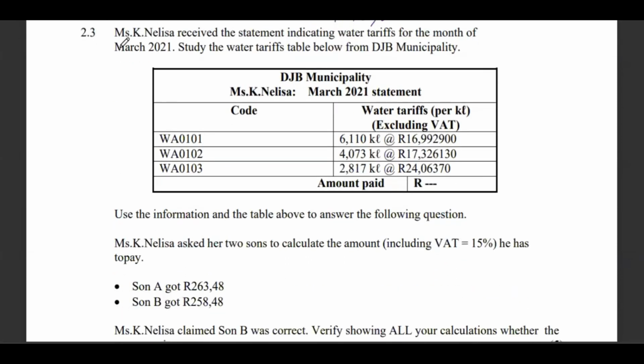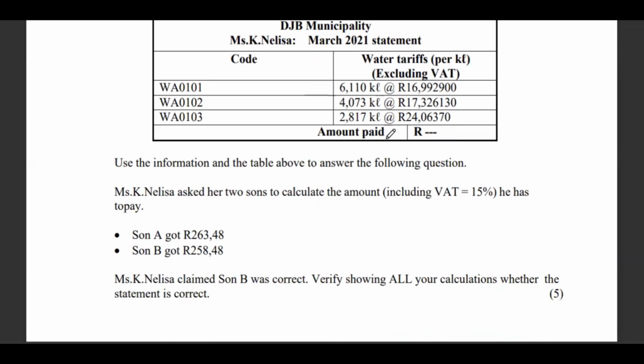Let's look at question number 2.3. Mrs. K and Larissa received a statement indicating the water tariffs for the month of March 2021. Study the water tariffs in the table below from the municipality. All right, there we go. We look at the costs.